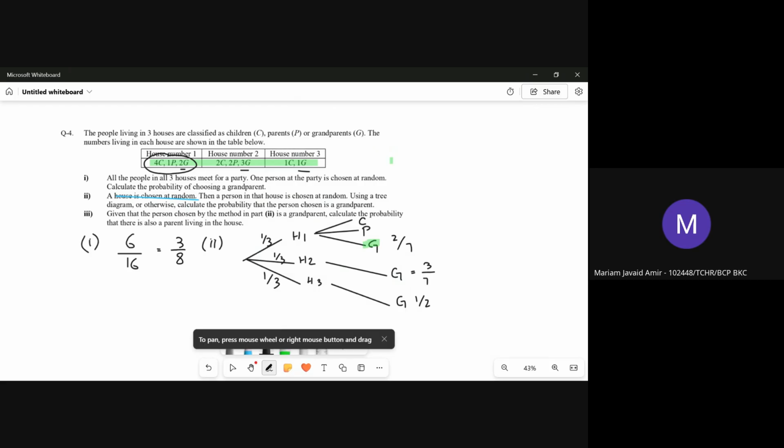So now we have to find the probability of selecting a grandparent. We'll have to look at house 1 and grandparent, house 2 and grandparent, and house 3 and grandparent. In fact, I should have written these probabilities here.